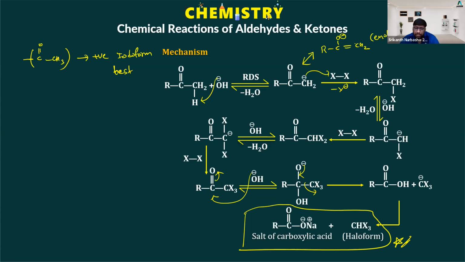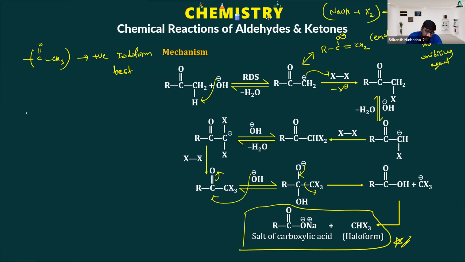Ethanol. Why? I can give this total reagent as NaOH plus X2, and you can write this NaOH plus X2 as NaOX. This NaOX is a milder oxidizing agent. If I take NaOX, acting as a milder oxidizing agent, it can convert alcohols to respective carbonyls.